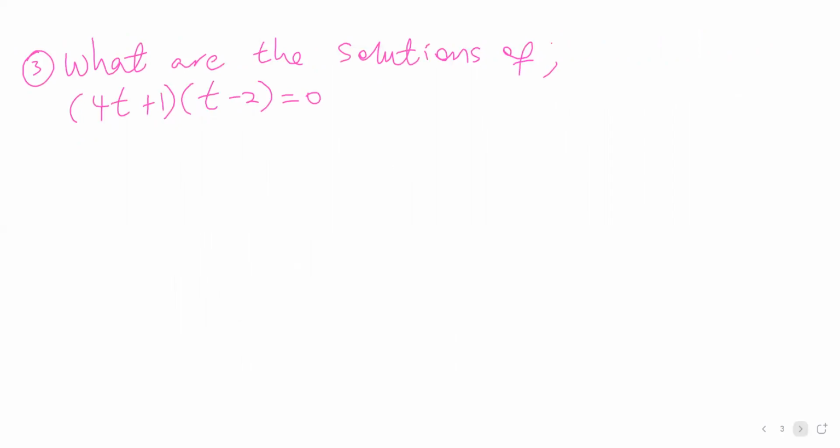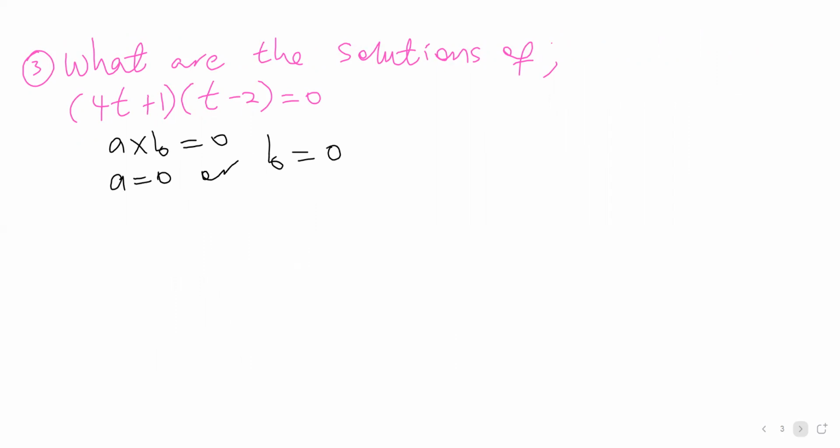Now, what are the solutions of 4t plus 1 times t minus 2, two binomials? This is straightforward. If I have a times b equal to 0, it means either my a is equal to 0 or my b is equal to 0.